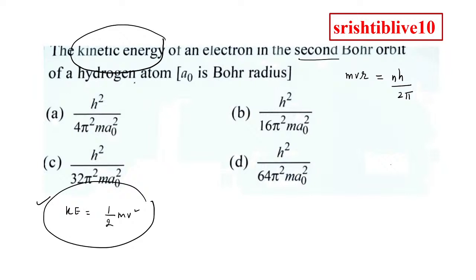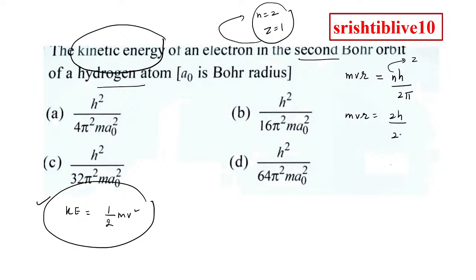Since the address of the electron is given in the question, n is equal to 2 and z is equal to 1. So I can substitute n equal to 2 here. So mvr is equal to 2h by 2 pi. So 2 and 2 will cancel out. So mvr is equal to h by pi.